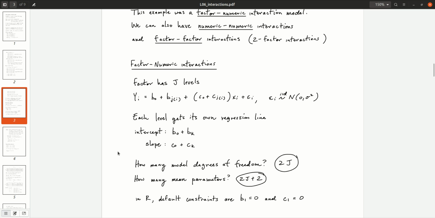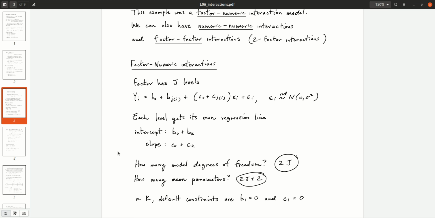So if we think of the model in this way, we can reason about what the model degrees of freedom should be. Essentially, you have J levels, and for each of the J levels, you can specify what that line is as a function of the numeric covariate with two numbers, an intercept and a slope. So there has to be 2 times J model degrees of freedom.